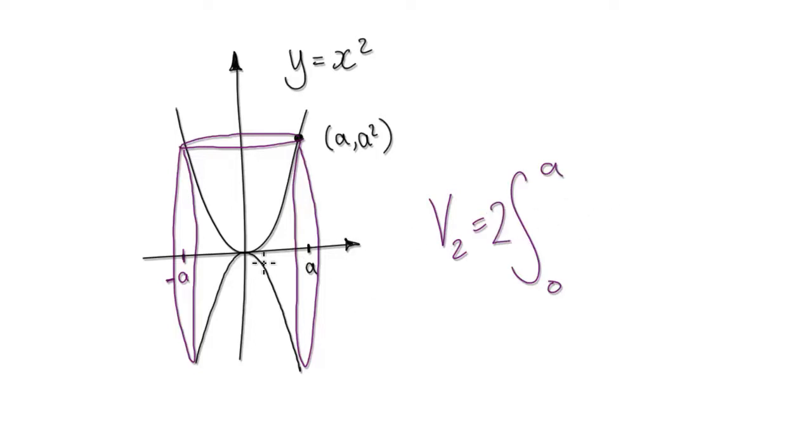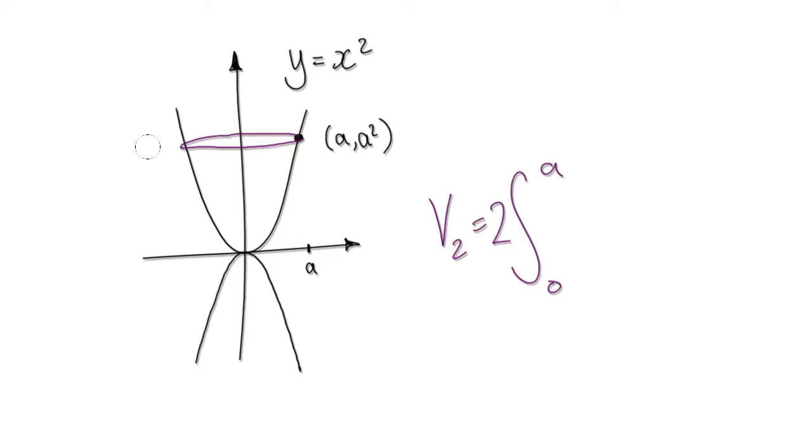Don't forget we're moving along in the x direction, so it's going to be something dx. Hang on, let me clean this up. So we're moving along like this in the x direction.